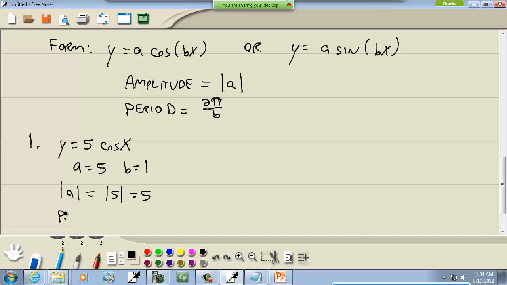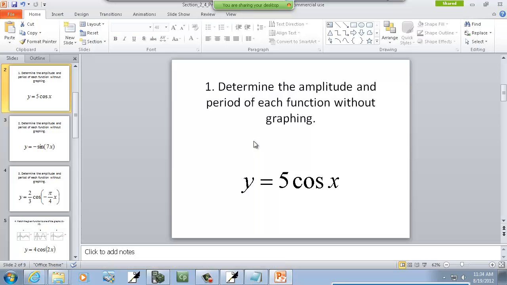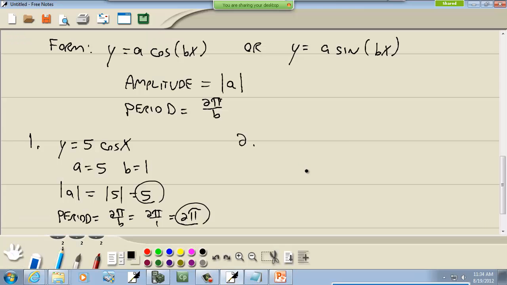And our period is equal to 2 pi over b. And we said b was 1. So period is still 2 pi. So those would be our answers. Let's see.